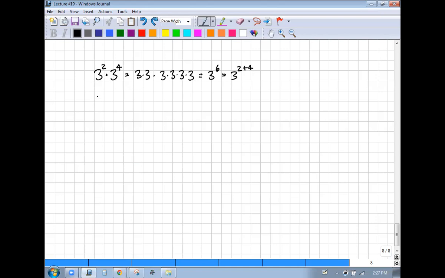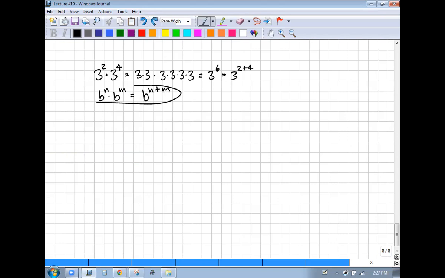So let's say, to write this generically, if I have b to the n times b to the m, this is b to the n plus m. So if you have a like base, you just add the exponents, right? Just add those together.